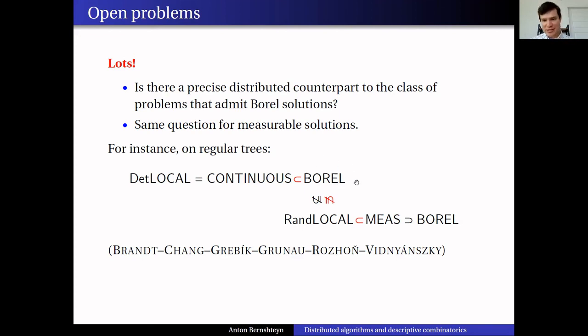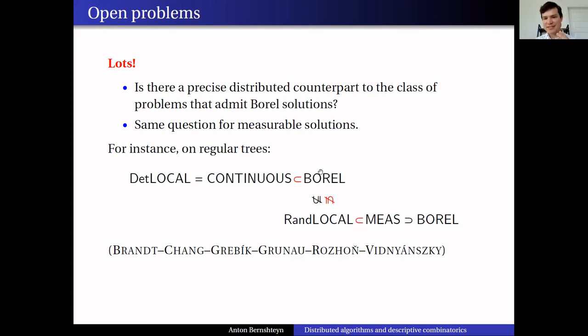So that's why it's really mysterious what this class of problems that have Borel solutions really is in relation to the distributed algorithms world, because it strictly contains the problems that can be solved by a deterministic local algorithm, and it's incomparable with those that can be solved by a randomized local algorithm.